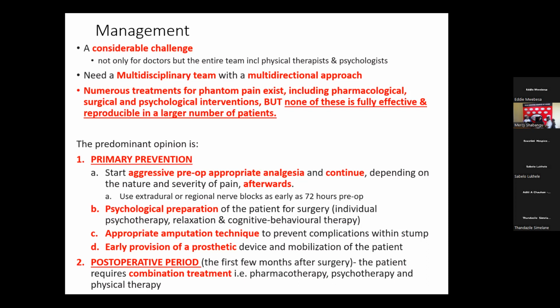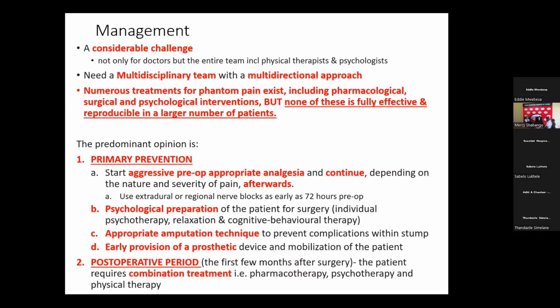There are maybe a 2 or 3-pronged approach. The first one is, because we are aware of the phantom phenomenon, we need to, as much as possible, prevent it from happening. And we are fortunate that literature has come up very, very well to support the place for primary prevention.